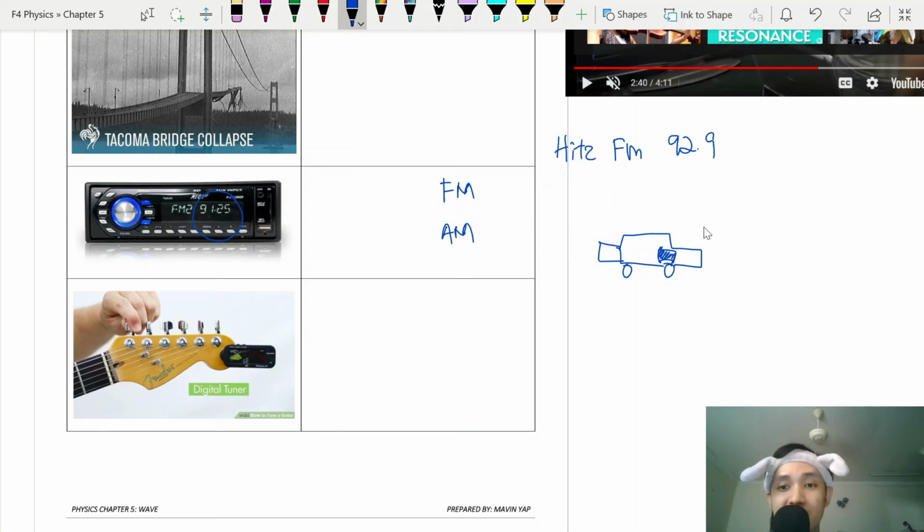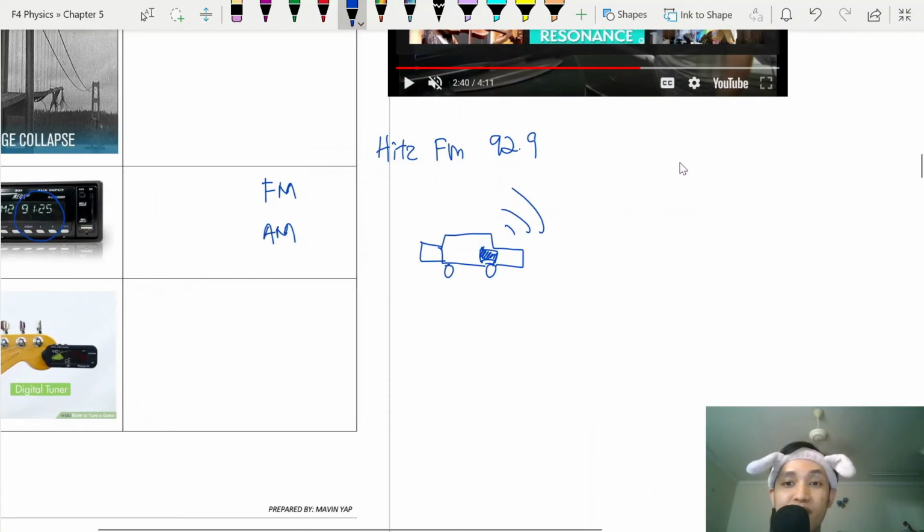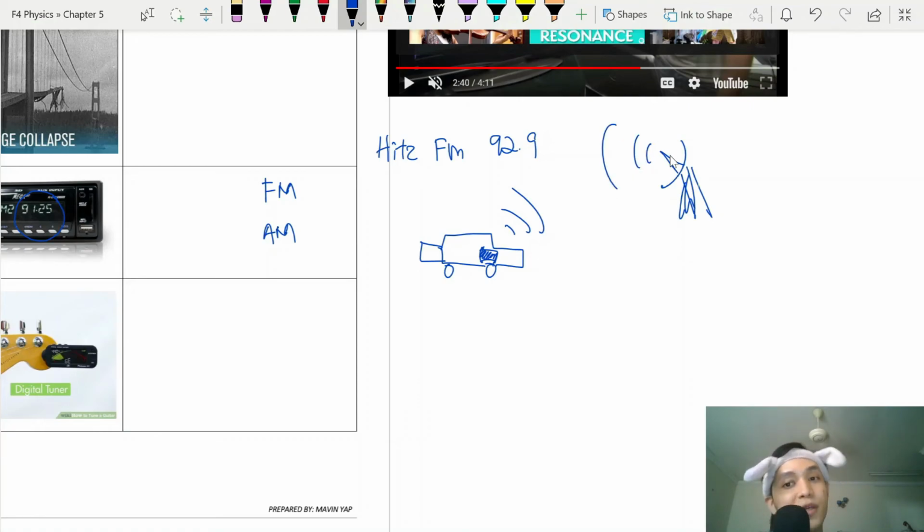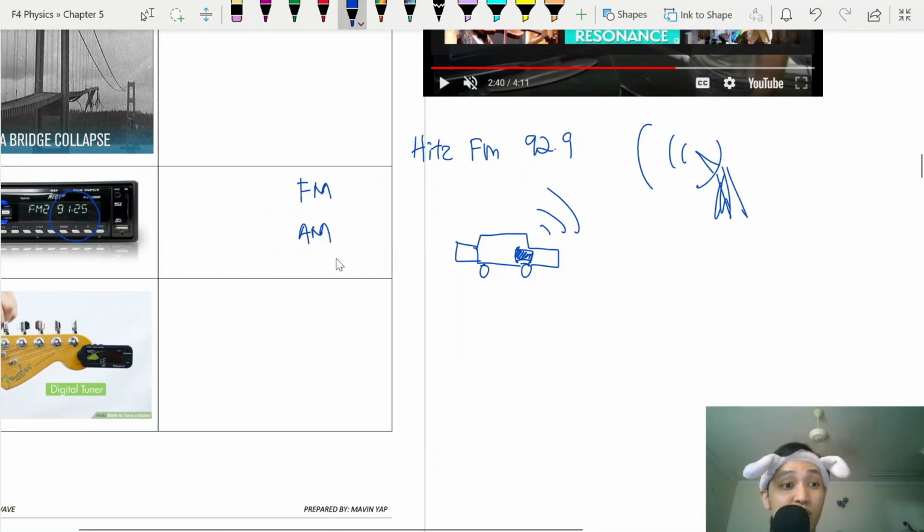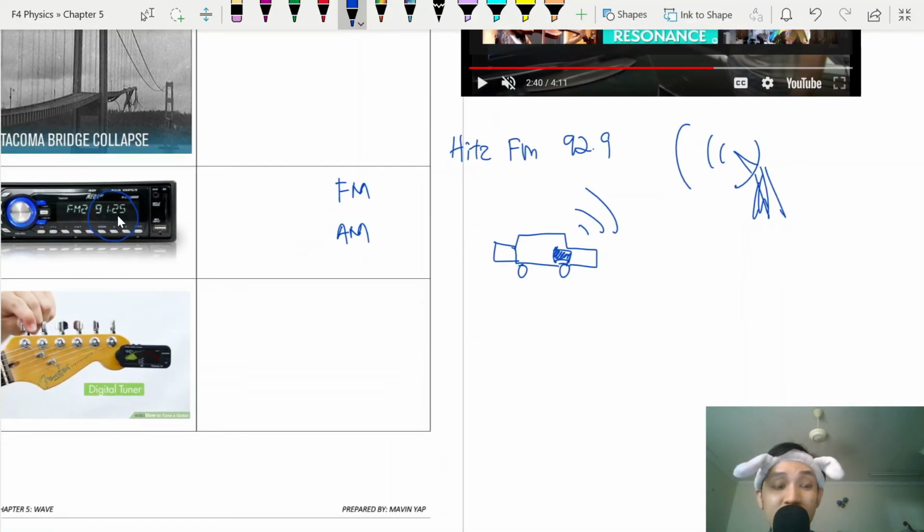Okay, so when you're adjusting, what you're trying to do is match the frequency. Let's say this one is the radio tower. You are trying to match the frequency that is being transmitted from the radio station. The radio station is transmitting Hits FM in Klang Valley at 92.9. So you are also adjusting your radio.